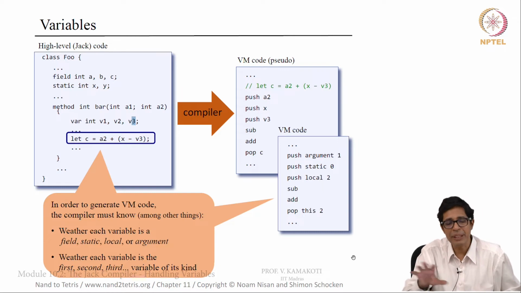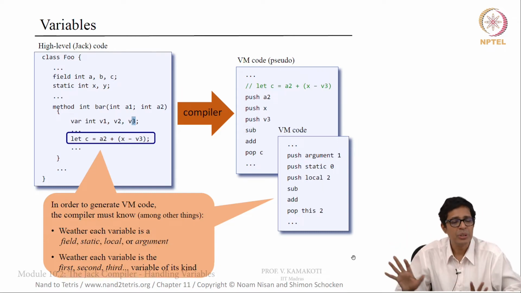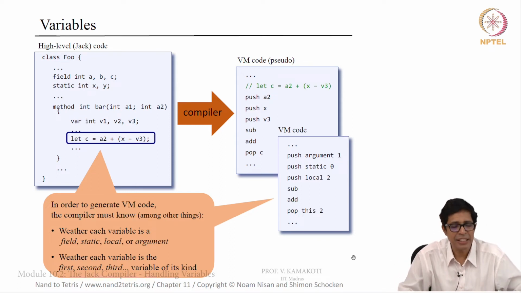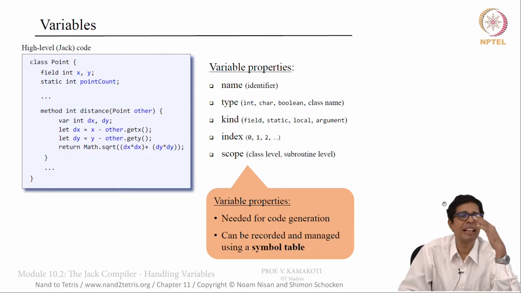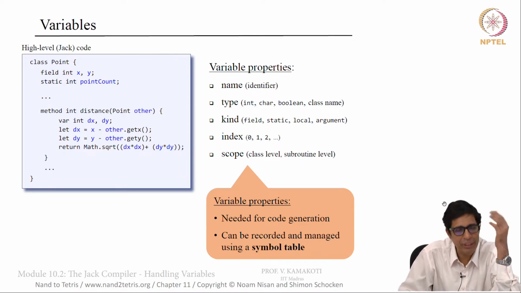So what we will be discussing in the next few minutes is how we are going to do this mapping. This is going to be very straightforward, right. When I look at a variable, as I explained in the previous module 10.1 itself, every variable has a name. Let us say x has the name x, then there is a type associated with it.